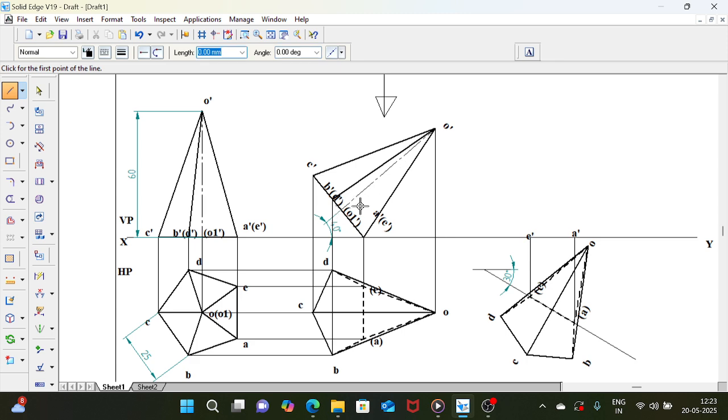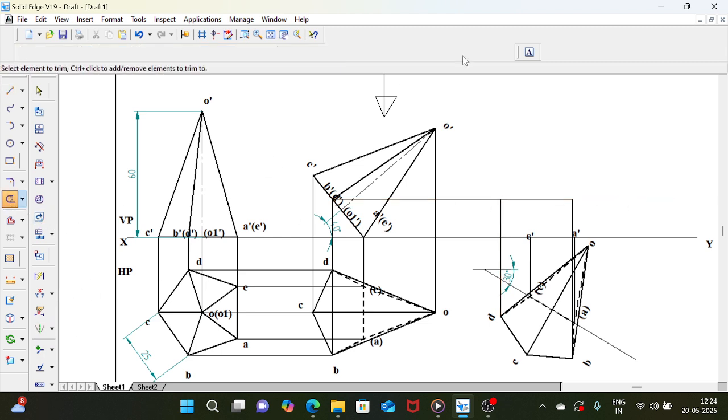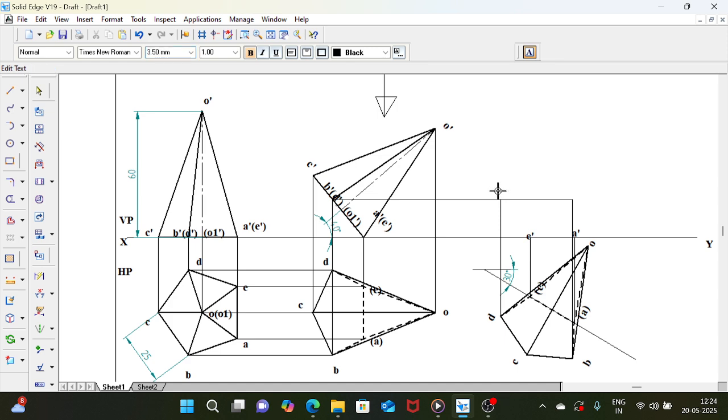Similarly, no need to take the axis, it's an imaginary line. Take BD, draw the B projection up to this line, the D projection up to this line, and trim the unwanted projection. Mark this as D dash, and this is B dash.